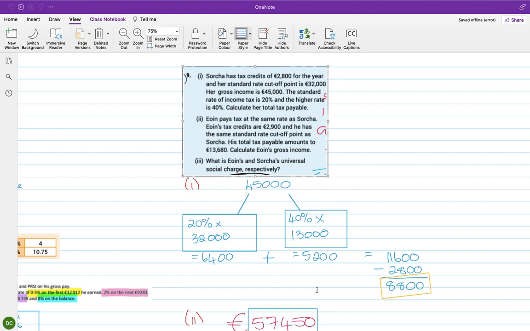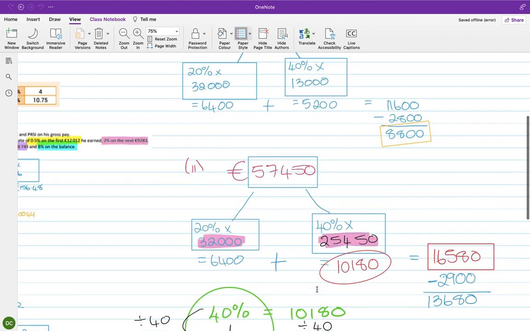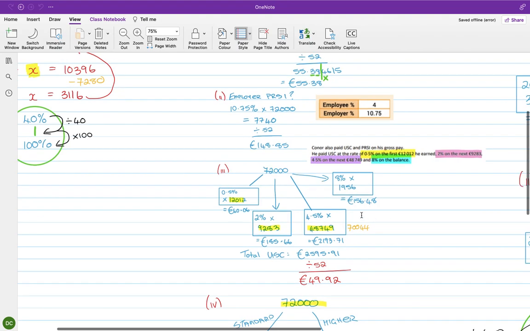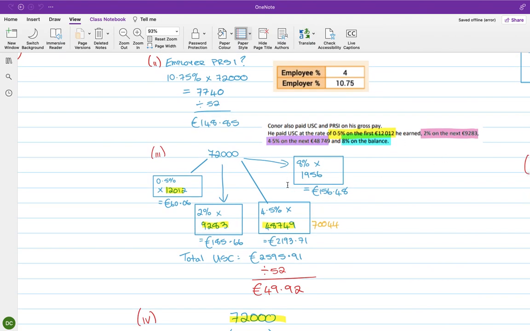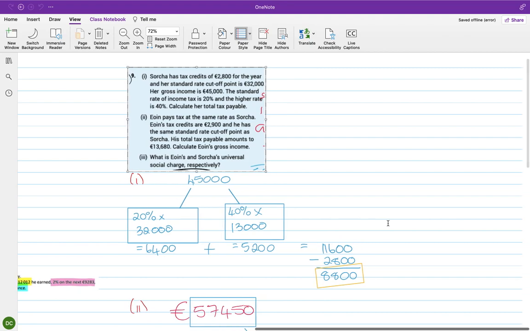And what is Owen's and Saoirse's universal social charge respectively? So you're just doing this calculation here. See this one? So you're doing the universal social charge calculation twice. Once for her and once for him.